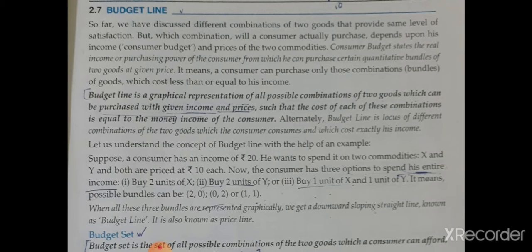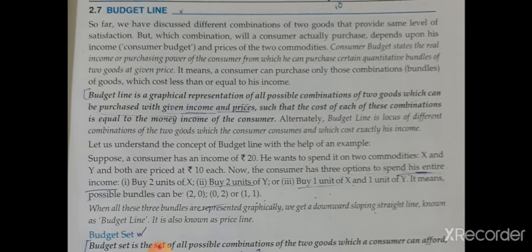So the possible bundles are: 2x, 0y, when you only buy commodity X and can't buy Y because the full amount is spent on X; then 0x, 2y; then the third option 1x, 1y.